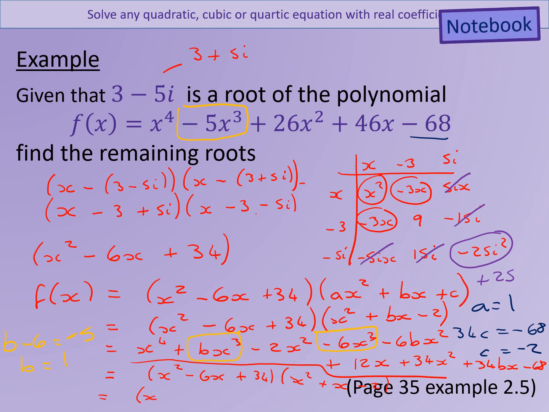We ended up with x minus 3 minus 5i and x minus 3 plus 5i. I'm just going to solve the second one to see whether x squared plus x minus 2 has real or complex roots. And we can see by factorising, that will factorise as x plus 2, x minus 1. So we've got real roots.